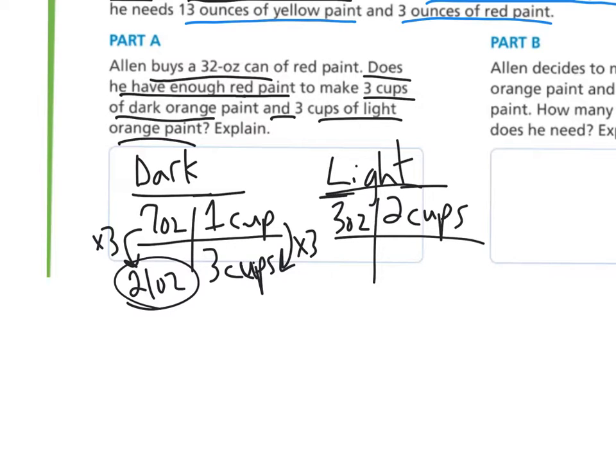The light is not set up quite as nice because we know for 2 cups. Probably what we want to do is go ahead and divide that out, figure out how much we need for 1 cup. So 3 divided by 2 would be 1.5 ounces per cup.